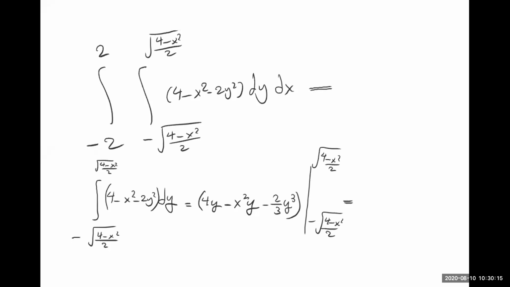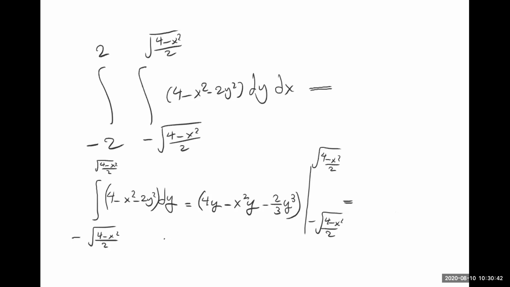It would be 2 times 4 square root of 4 minus x squared over 2. Maybe there is not enough space there, actually. I can write it in the second line.